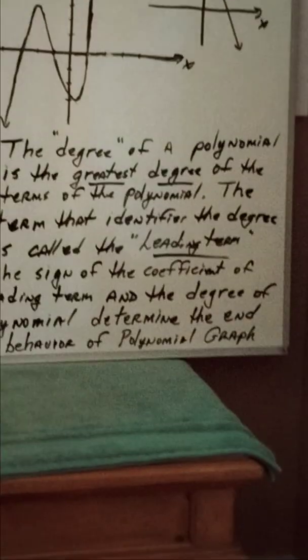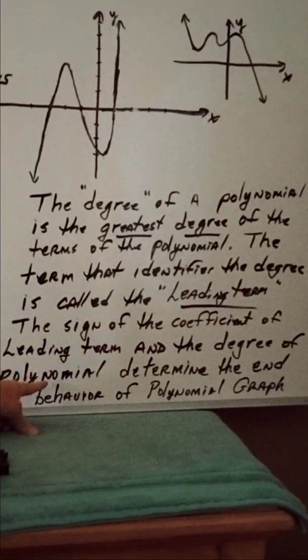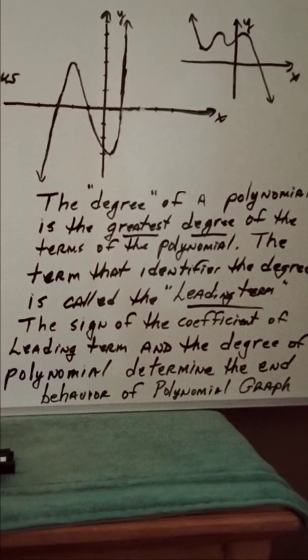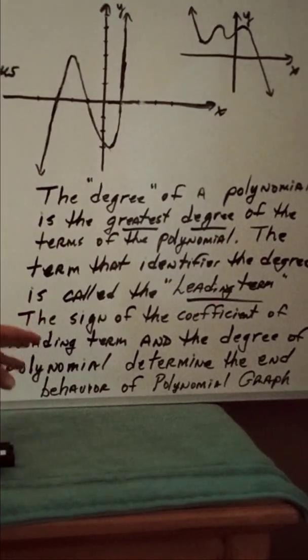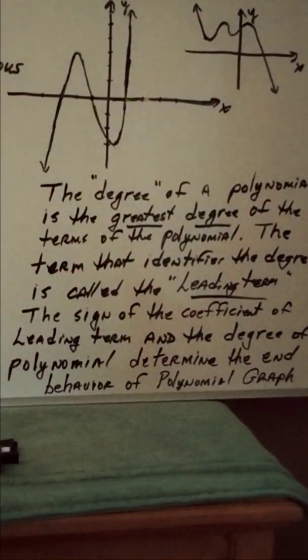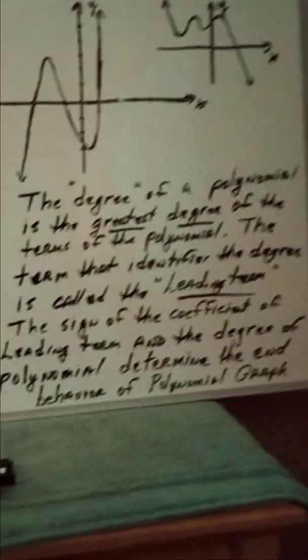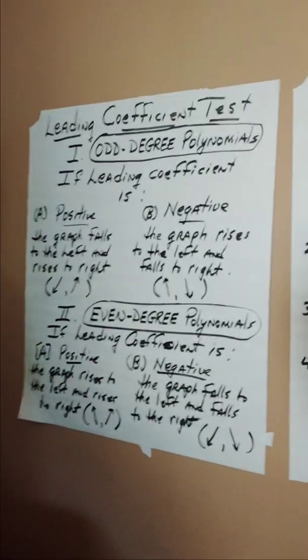And so, right down here at the bottom, the sign of the coefficient of the leading term and the degree of the polynomial will determine the end behavior of every polynomial function graph. And here are the rules that we're going to follow.